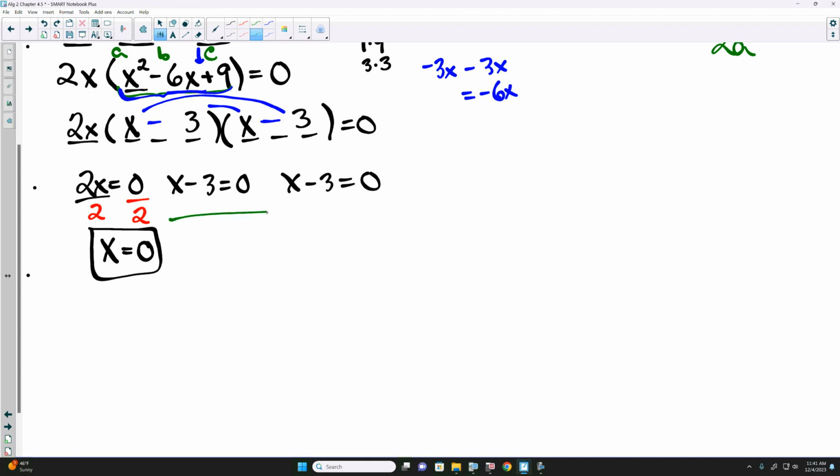Now we can look at x minus 3 is 0. Here we can add 3 to both sides. x is equal to 3. And lastly, for our other equation, just like the one before, we'll add 3 to both sides. Negative 3 plus 3 is 0, telling us x is equal to 3.